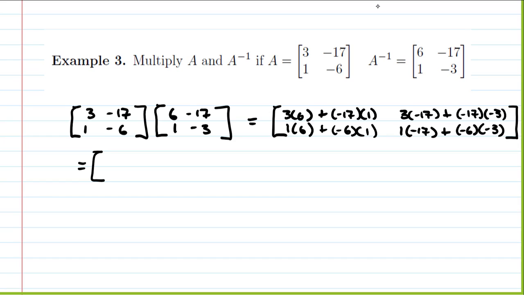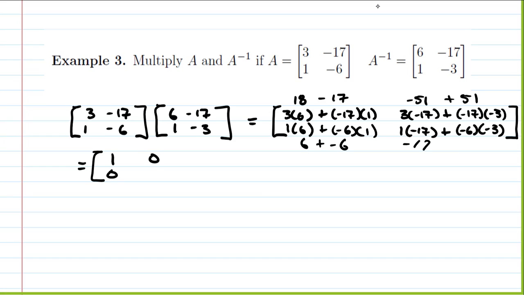We get 18 minus 17, so that's 1. Here we get negative 51, and a negative times a negative is a positive, so plus 51. So negative 51 plus 51 is 0. And then 1 times 6 plus, well, negative 6 times 1 is negative 6, so that gives us 0.